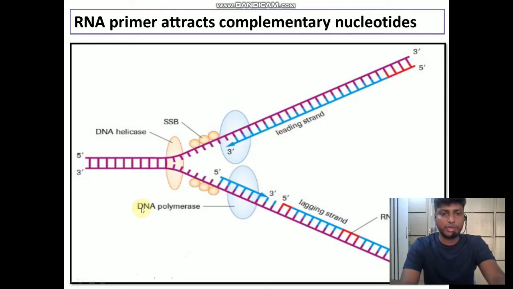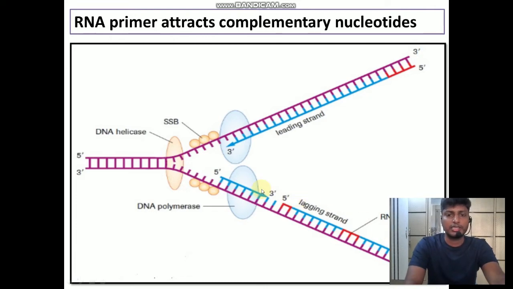So as you can see in this picture, this enzyme called DNA polymerase is the one which actually forms the new strand, and this new strand can be formed only if there is a primer attached at the 3' end. So on one side, the DNA is formed in a continuous manner, and this is called the leading strand, whereas on the other side the DNA is formed in a discontinuous manner, which is in the form of fragments, right?